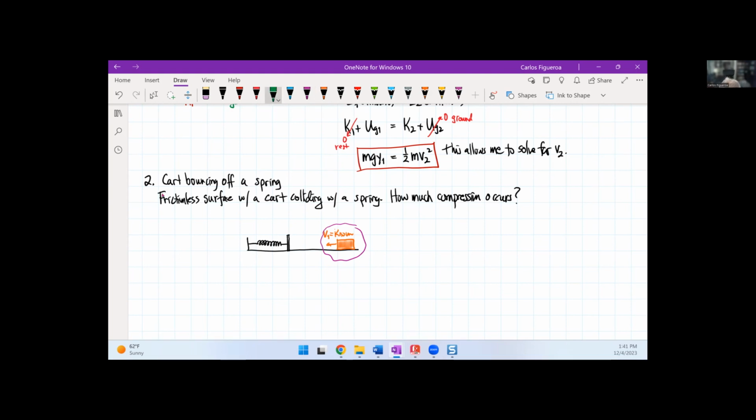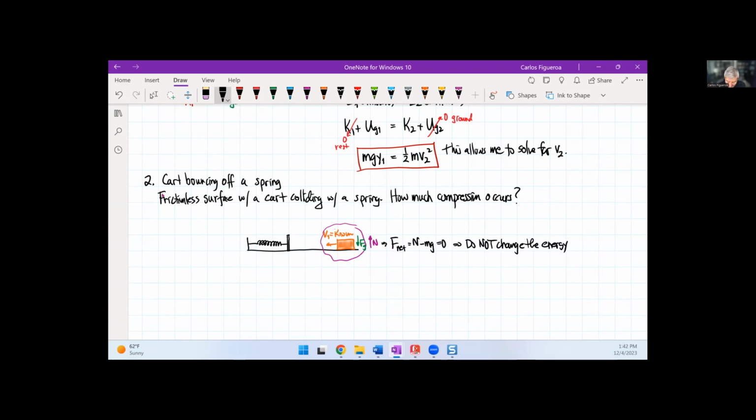Yes, there is a force of gravity, but there's also a normal force. So when I look at the net force acting on the system, that net force is going to be 0, because I have equal and opposite forces. Normal minus mg is 0. So those forces do not change the energy.